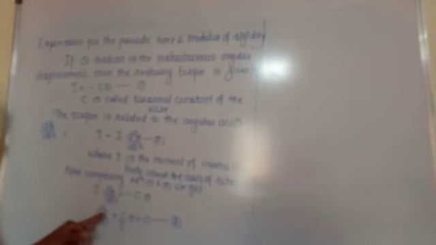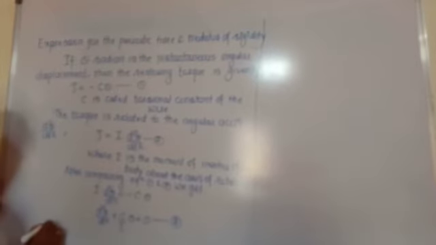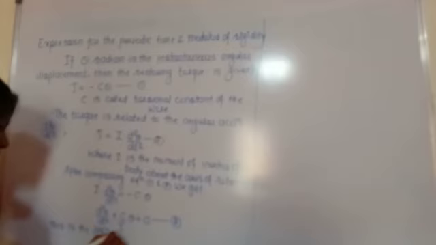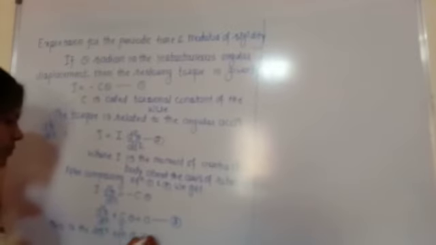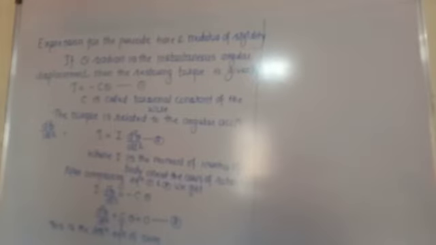Here theta is the angular displacement, d square theta by dt square is the angular acceleration, and the angular frequency of this equation is denoted by the letter omega square.